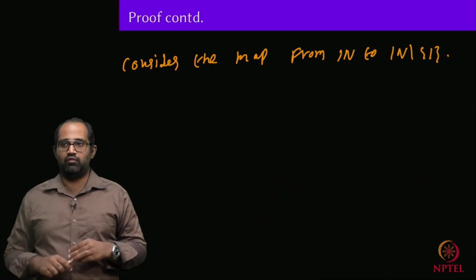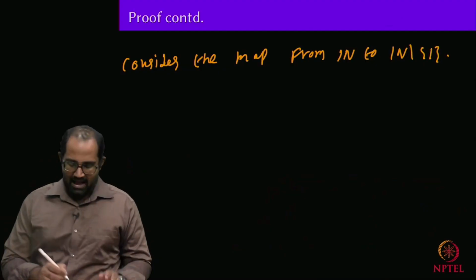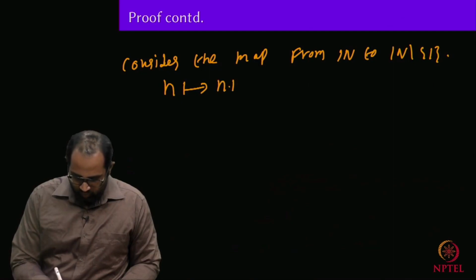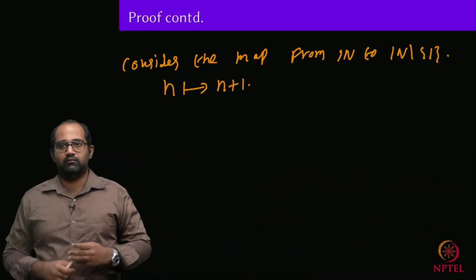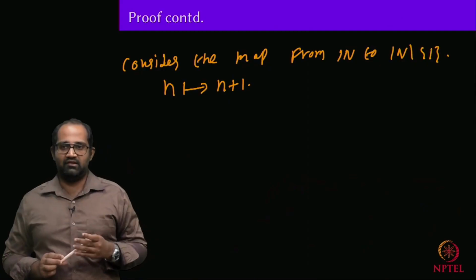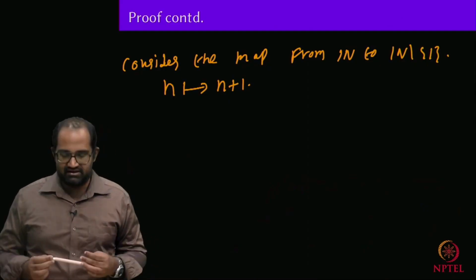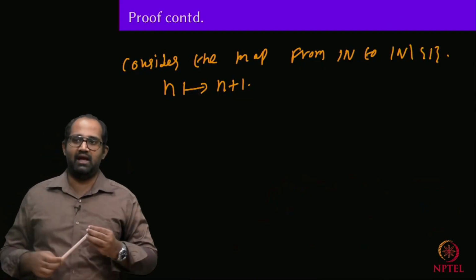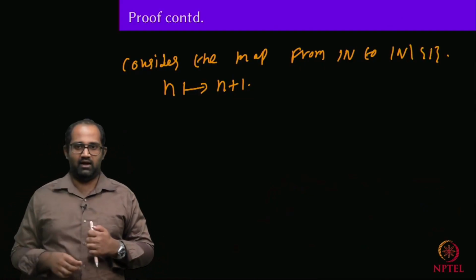I am just going to remove 1. The map is n goes to n plus 1. I have now constructed an explicit bijection from N to a proper subset, namely N minus 1.